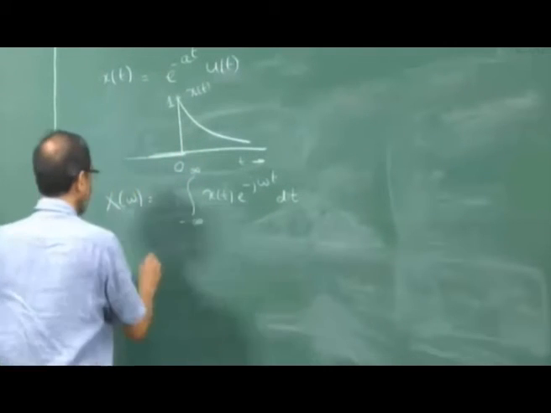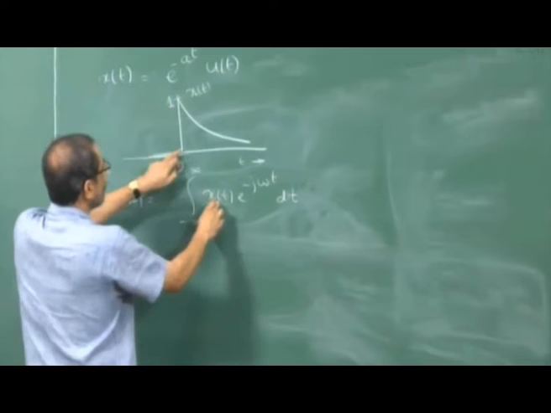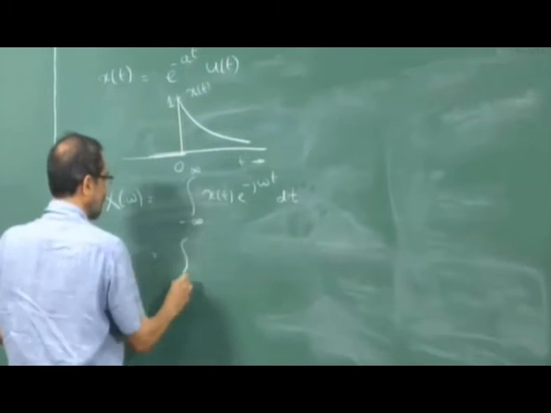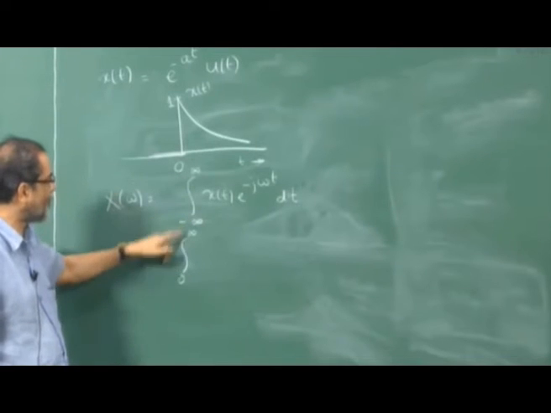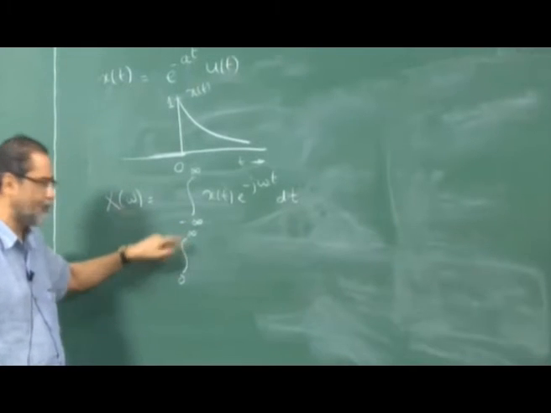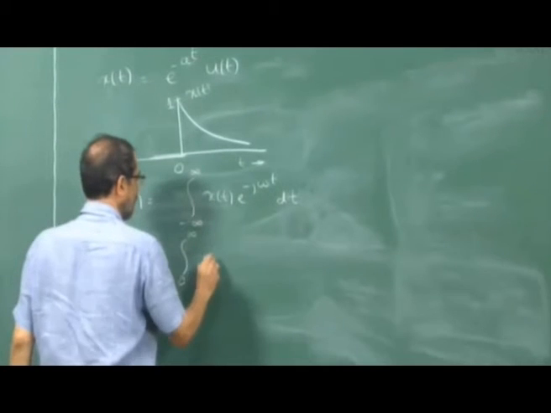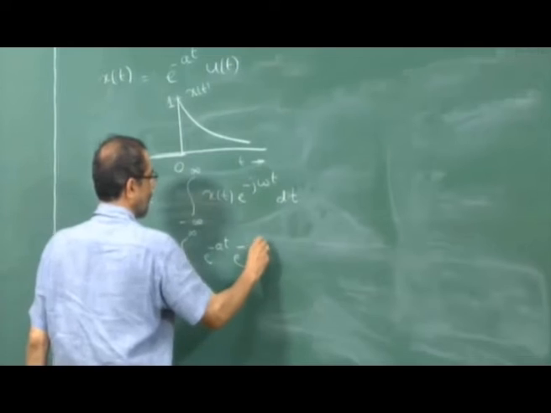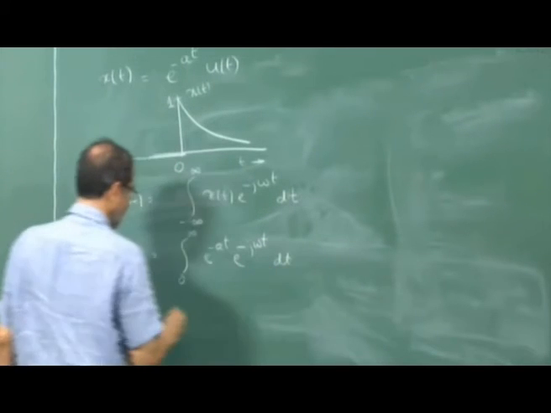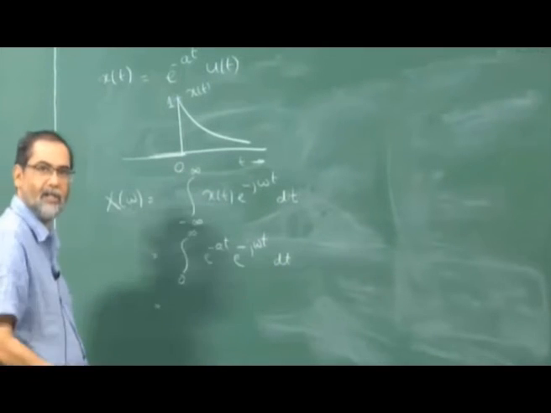Okay. So substitute, x of t is defined from 0 to infinity. So these limits now undergo a small change. Minus infinity to 0, it is 0. So I just need to integrate from 0 to infinity. x of t is e raised to minus a t in this interval, e raised to minus j omega t dt, right. Carry out standard integration.